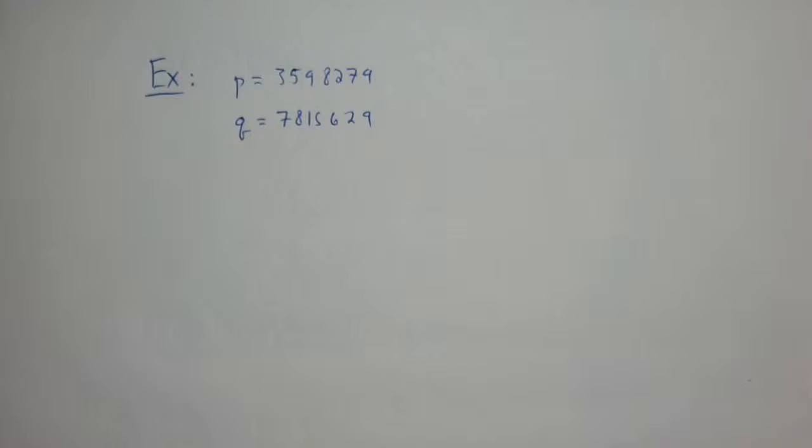Maybe I could even be smarter and say, give me a list of primes between, say, 500,000 and 5 million. You can probably get some results out of that. And so you do that.